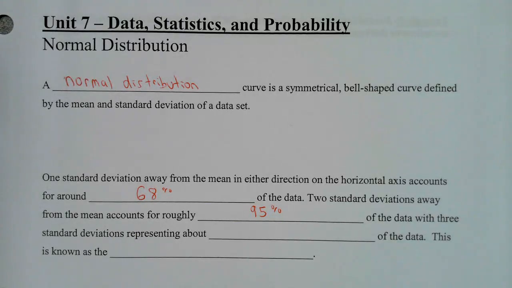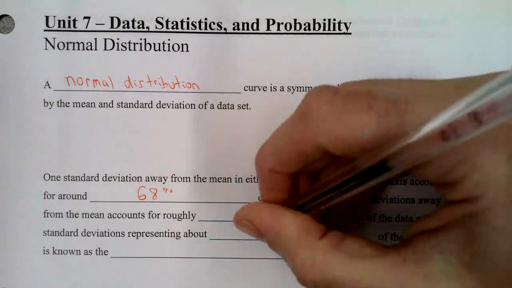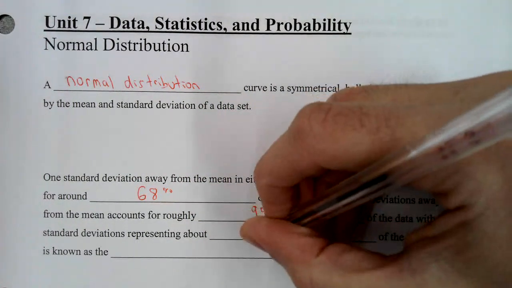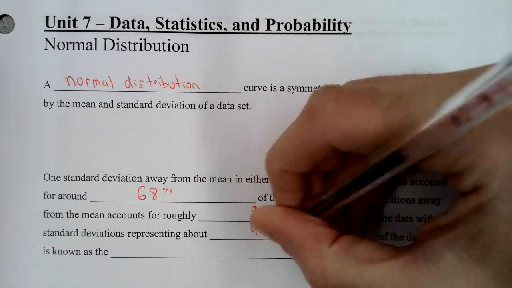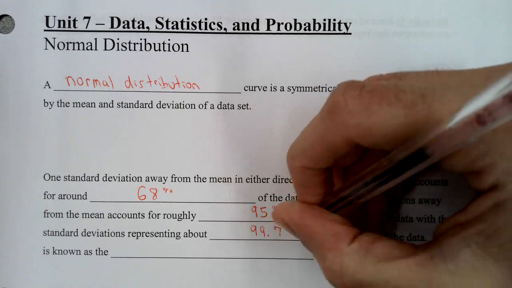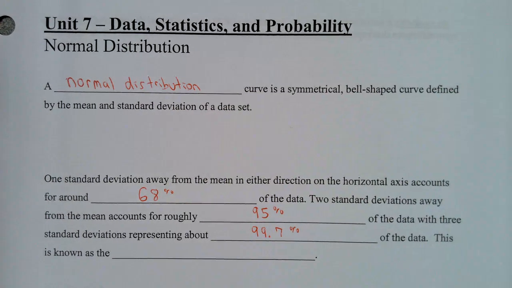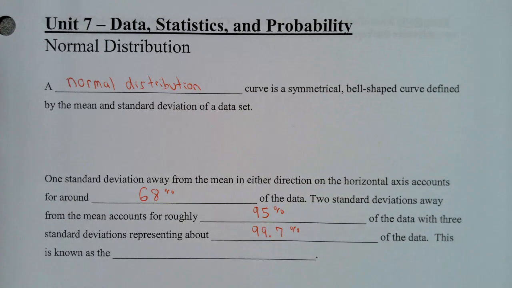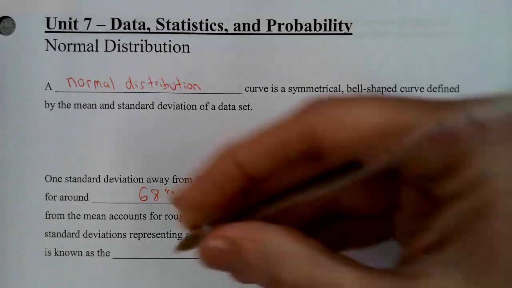And three standard deviations represents about 99.7% of the data. This is known as the 68, 95, 99.7 rule.